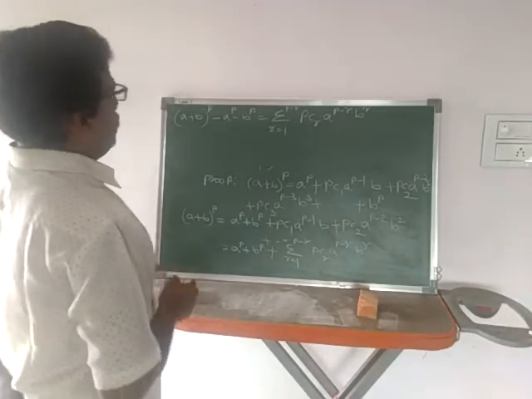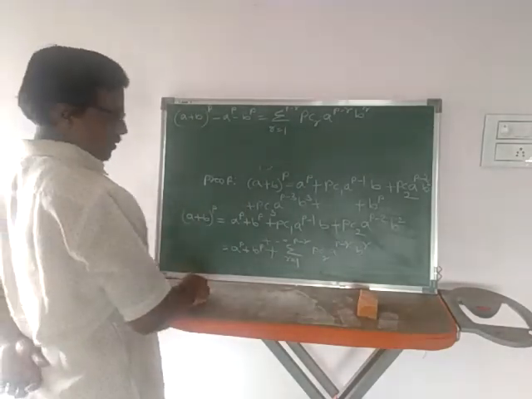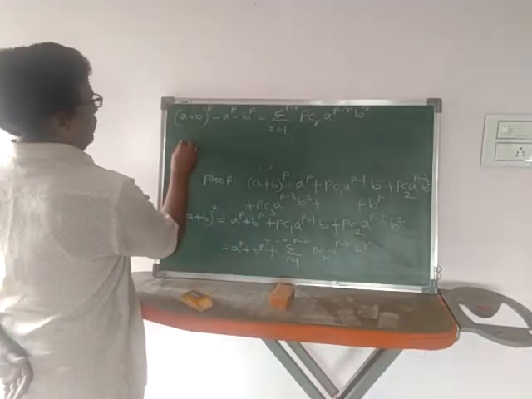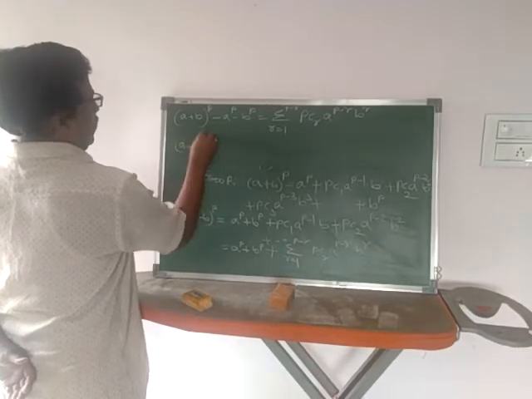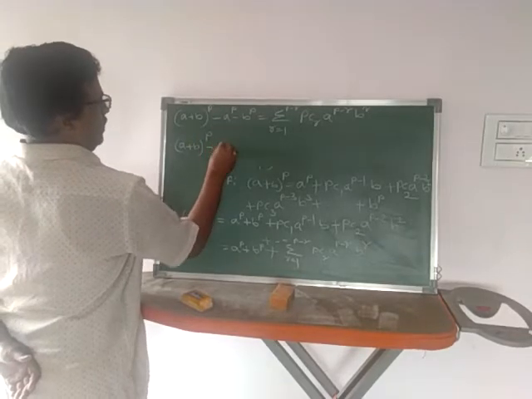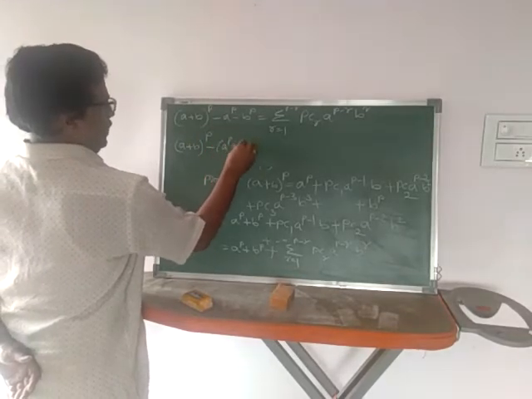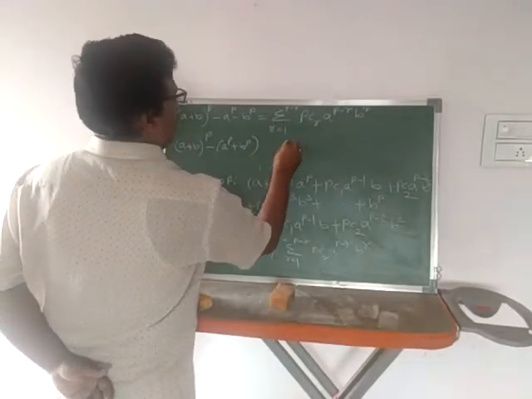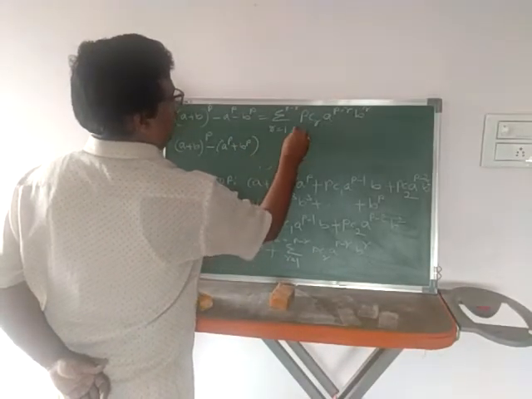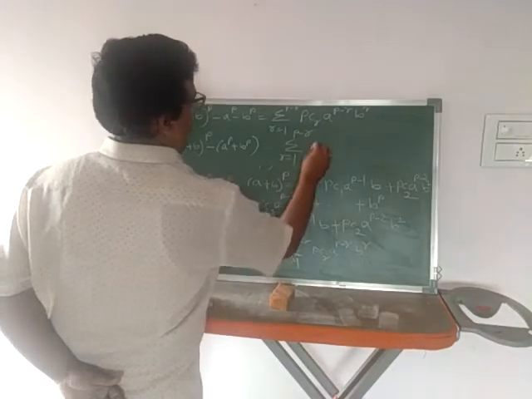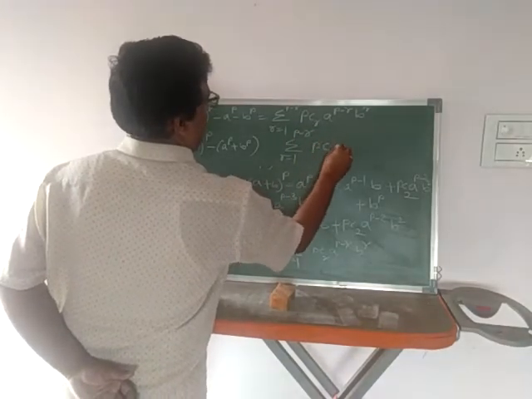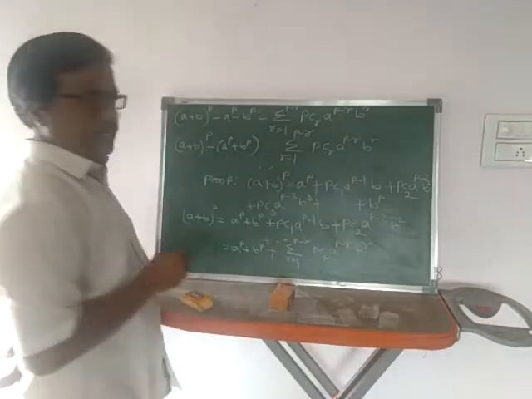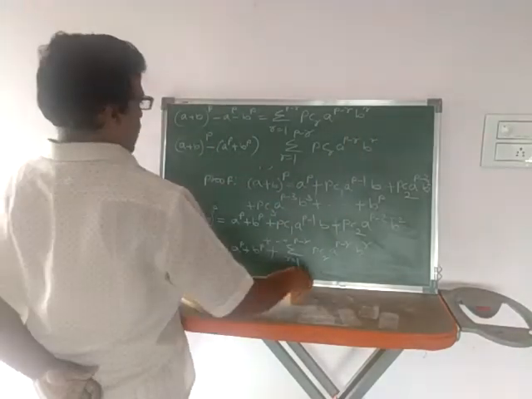So you can write this one as (a plus b) whole raised to p, take minus common, a raised to p plus b raised to p is equal to, write this term as it is, summation r is equal to 1 to p minus 1, pCr a raised to p minus r b raised to r.